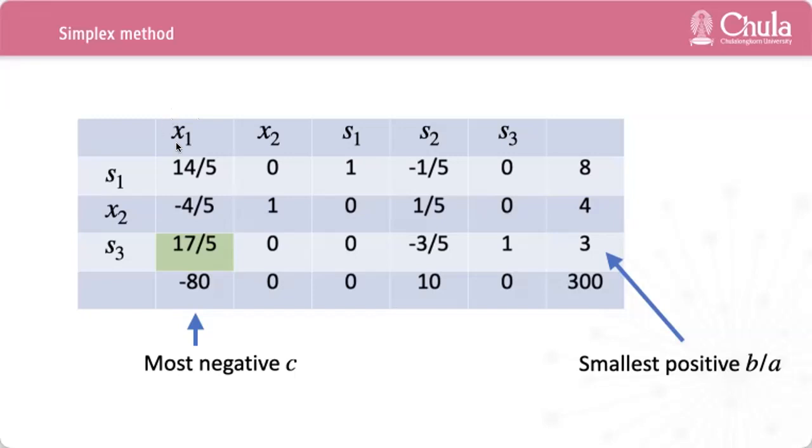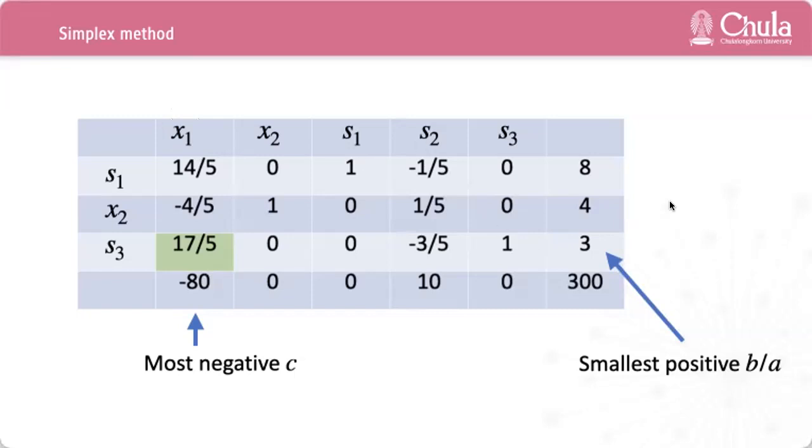And again, because the number of basic variables is limited, once we introduce x1 to the set, we have to get rid of other original basic variables, okay?